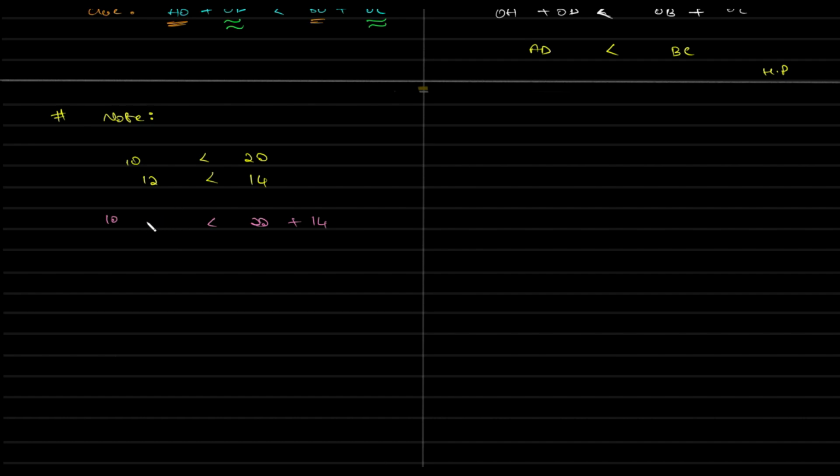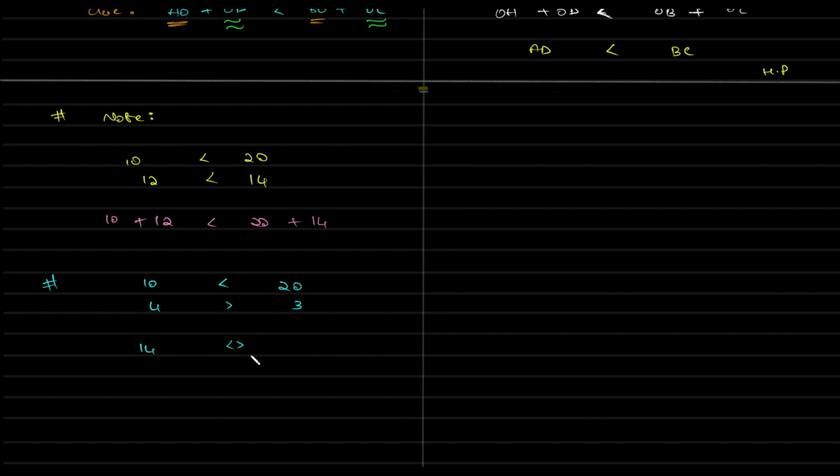I'll explain that with a different example. Same setup. Say 10 is less than 20, and 4 is greater than 3. Now I can't add this. 14, is it less than or greater than? What symbol should I use? If these are numbers, we can tell this is less than 23.